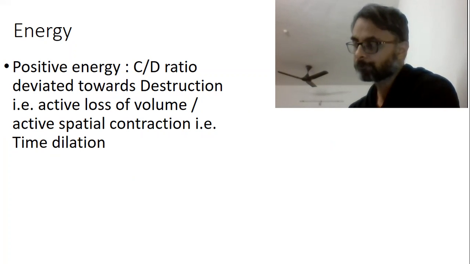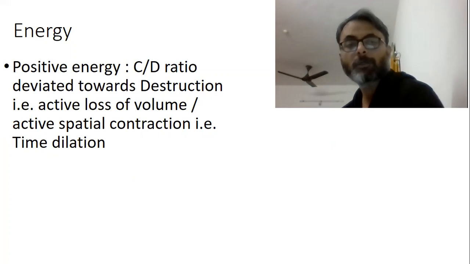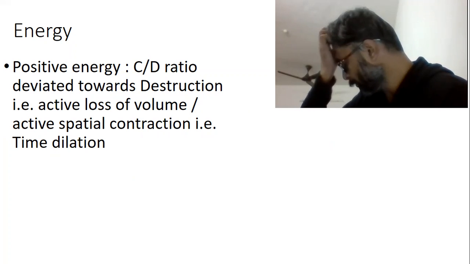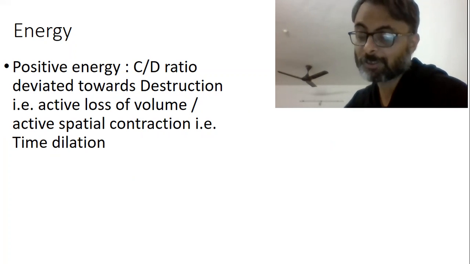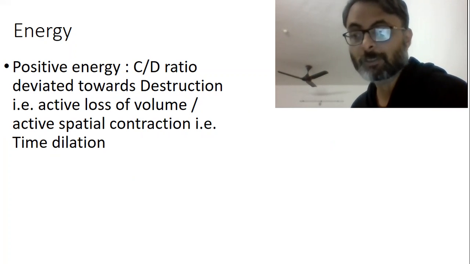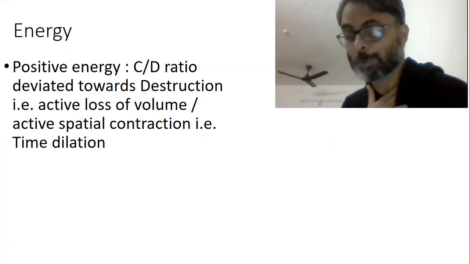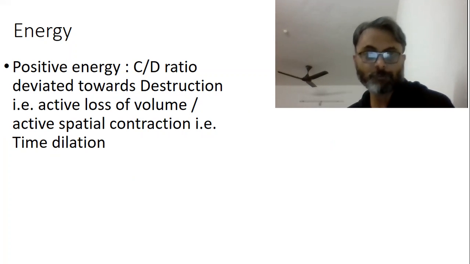So it will slow down the ticking of the photon clock, which means there will be an illusionary slowing down of the photon clock, which is not actually slowing down time, because universal time will keep ticking. The universal time Planck clock will keep ticking at the same pace, but the local time there will be dilated. So local time dilation is correlated to active spatial contraction. Wherever there is local time dilation, there is active spatial contraction.